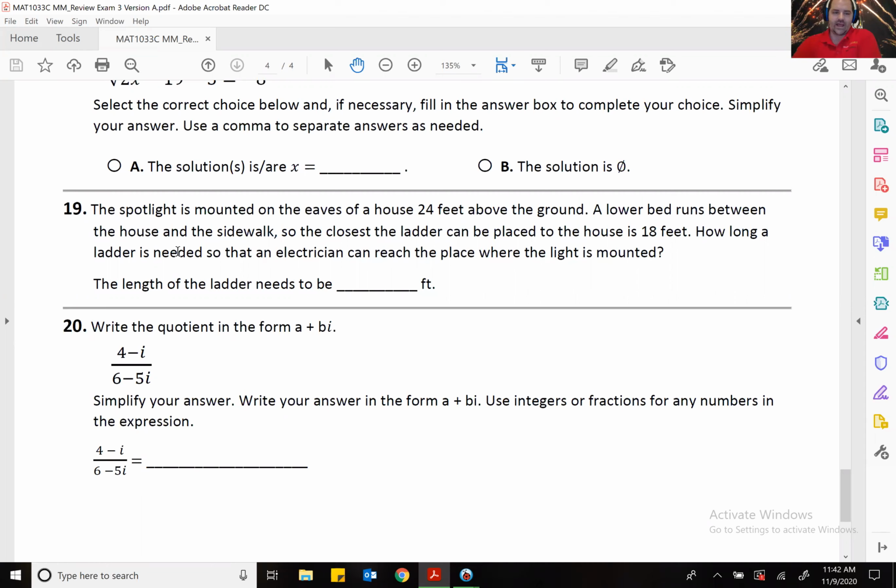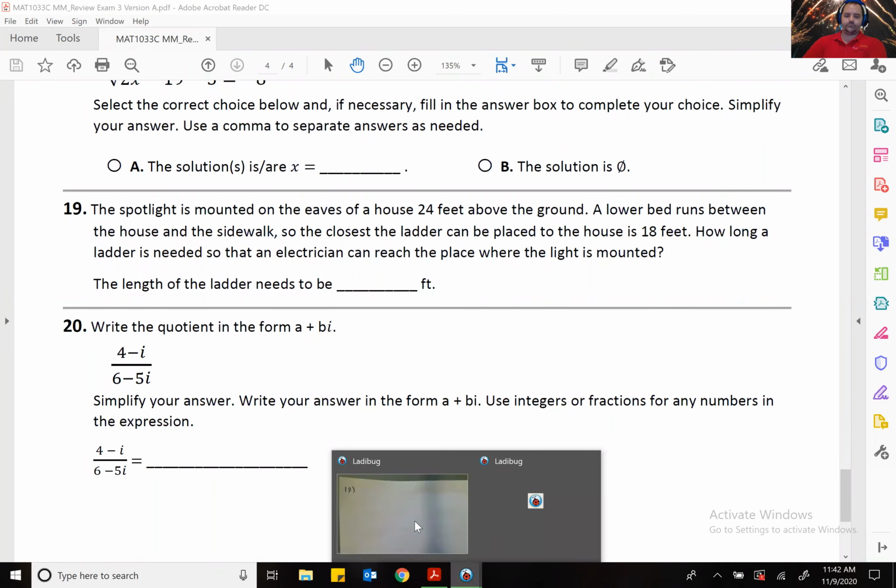How long a ladder is needed so that the electrician can reach the place where the light is mounted? Okay. I assume that's a flower bed, not a lower bed. All right. So when it comes to Pythagorean theorems, remember the easiest thing to do, draw a picture. So it says we have a house, a spotlight, a flower bed, sidewalks.